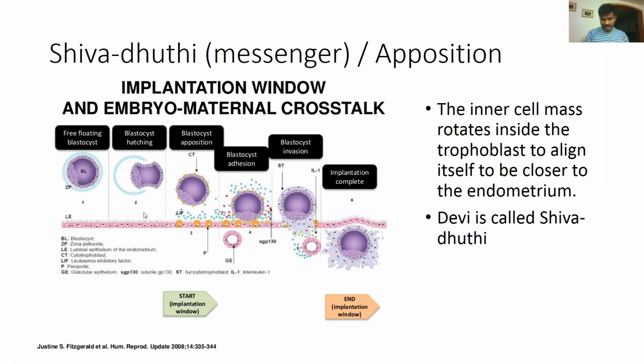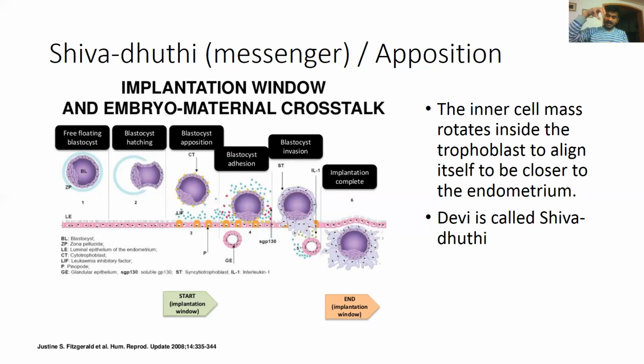Okay, so the inner cell mass, which is here, is the part of the baby. Okay, that is going to become the baby, and that is referred to as Shiva. That portion is turned towards the endometrium lining first. This is what is happening.